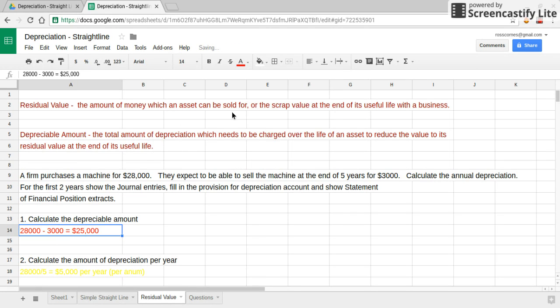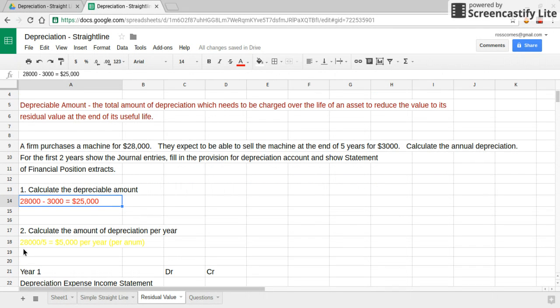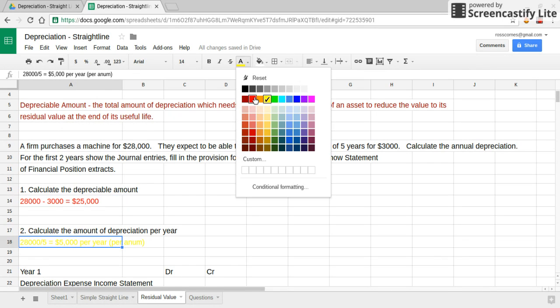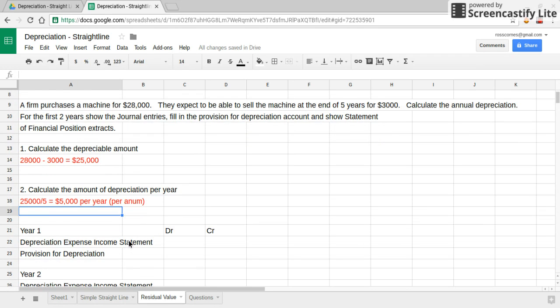That's pretty straightforward: 28,000 take away 3,000 is $25,000, and we need to do that depreciation over 5 years. So for each year, we need to do 25,000 divided by 5 years, and that gives us $5,000 of depreciation per annum.